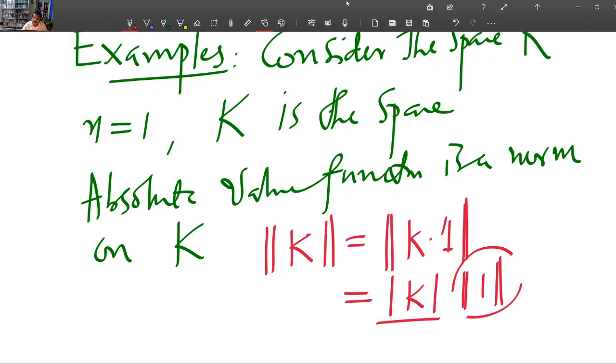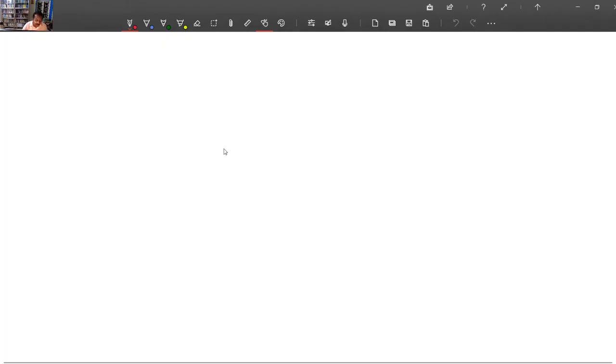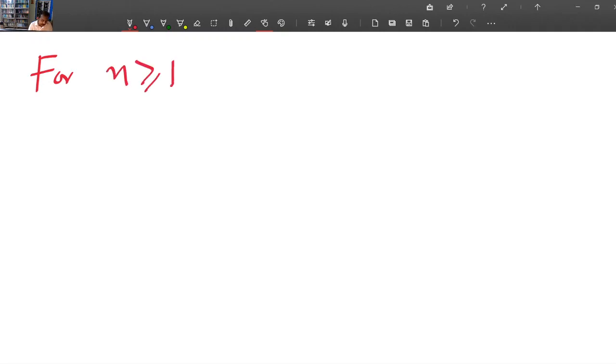And for n, so you create a new page. For n greater than or equal to 1, there are a variety of norms on Kn. For n greater than 1, there are a variety of norms. We are going to define that.